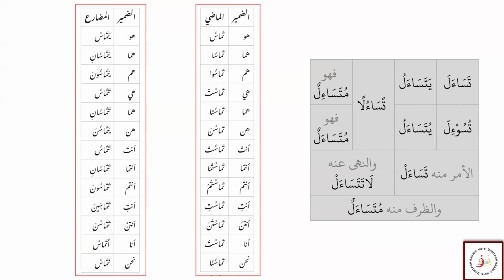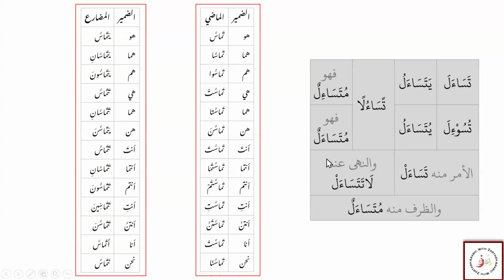So Tamasasa becomes Tamassa, and then we will get the Sarf Kabir. Huwa tamassa, huma tamassa, hum tamassu, hiya tamassat, huma tamassata, hunna tamassana.